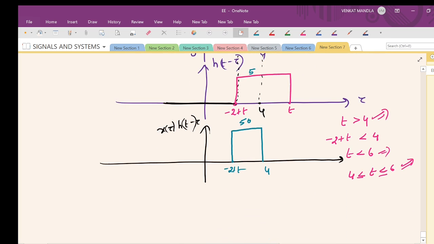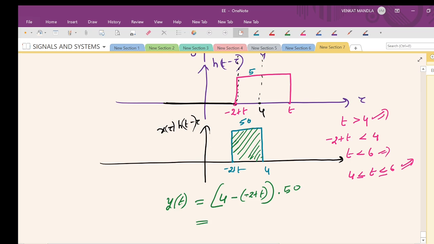The next point is the area. How to find out the area? Area is nothing but y(t), the output. So upper limit minus lower limit gives you the length: 4 minus of minus 2 plus t, into 50.